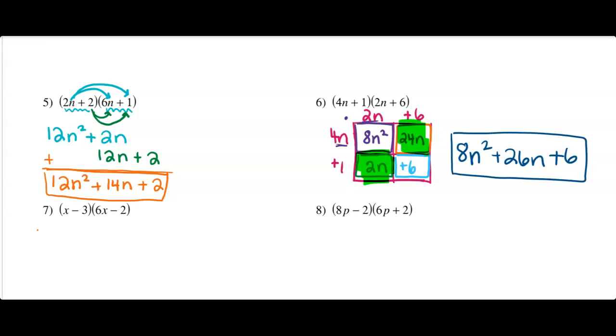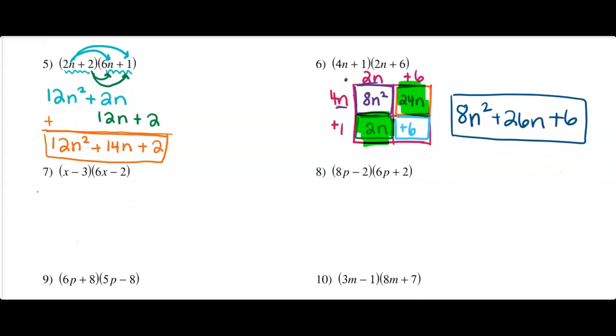If you notice, 4n will evenly go into both 8n squared and 24n, as will 1 to 2n and 6. You can also see that 2n goes into both 8n and 2n, and 6 goes into both 24n and 6. So that is just a fun little thing to see there.